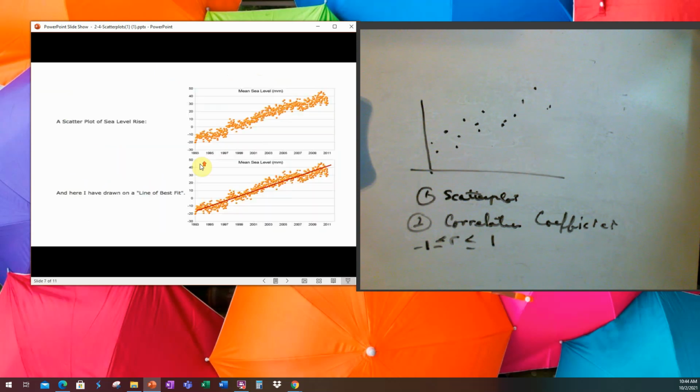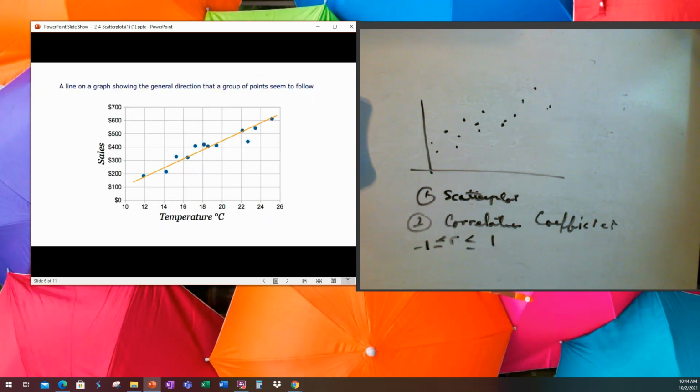Now, if we go back here, here's the sales and the temperature. We only had a limited amount of temperature, a limited amount of sales. We could do a straight line through here, and it would be a pretty good model of predicting along this range what we get.